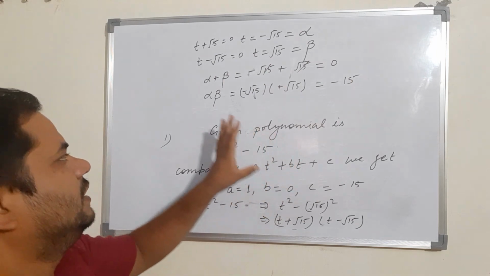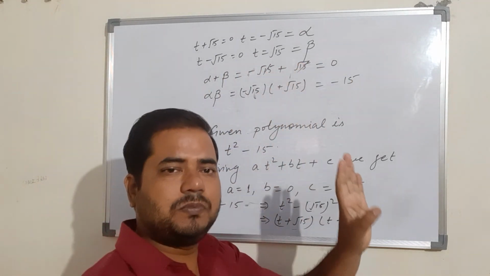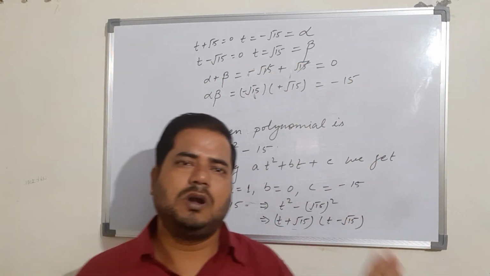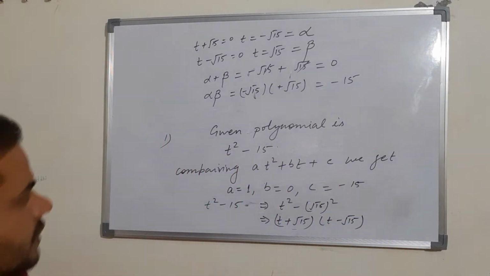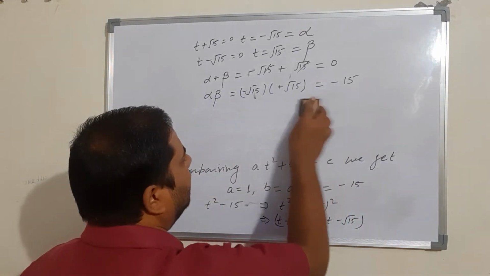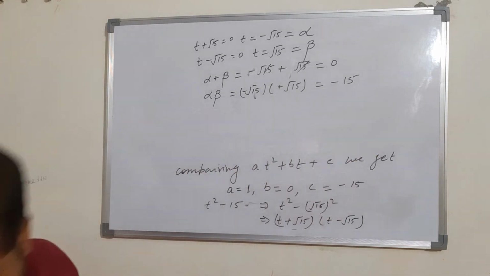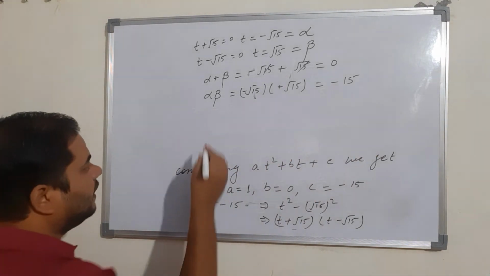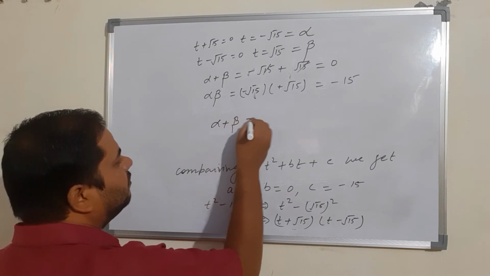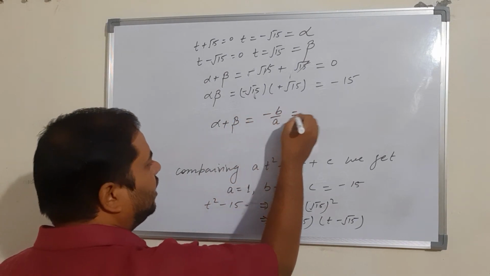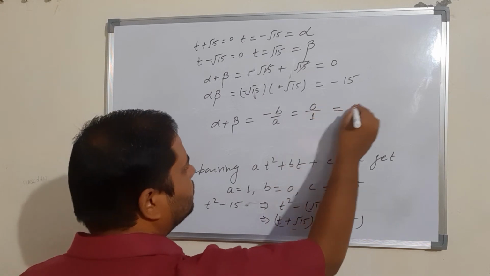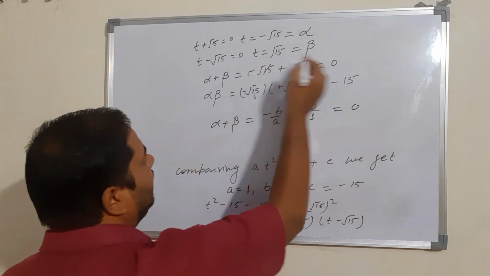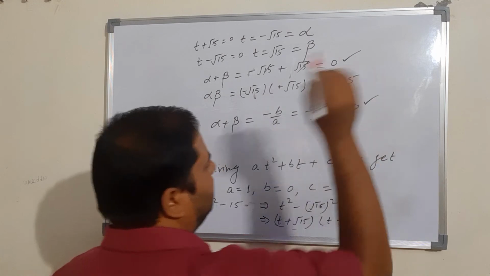So this we get from the factorization method. Now we will find the same thing, the sum and product of the zeros, by the formula. Alpha plus beta is minus b by a, and b here is 0, a is 1, so this is 0. This is the same.